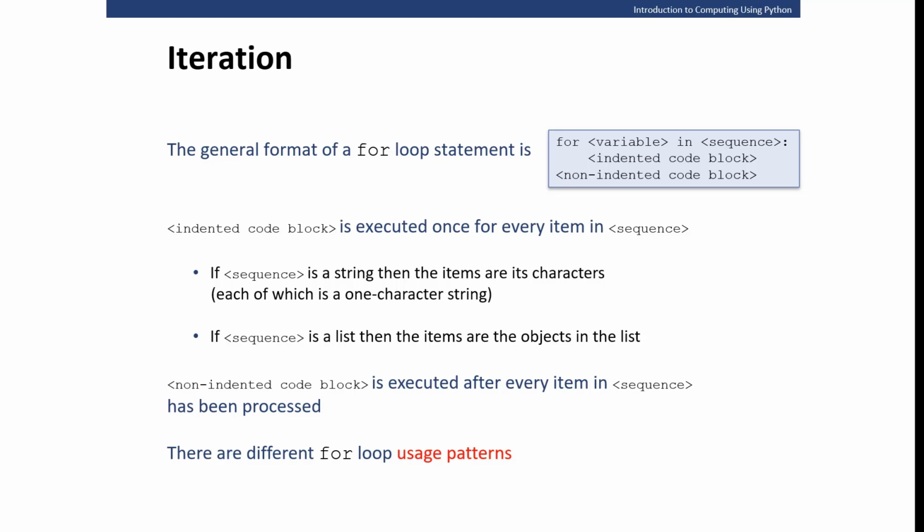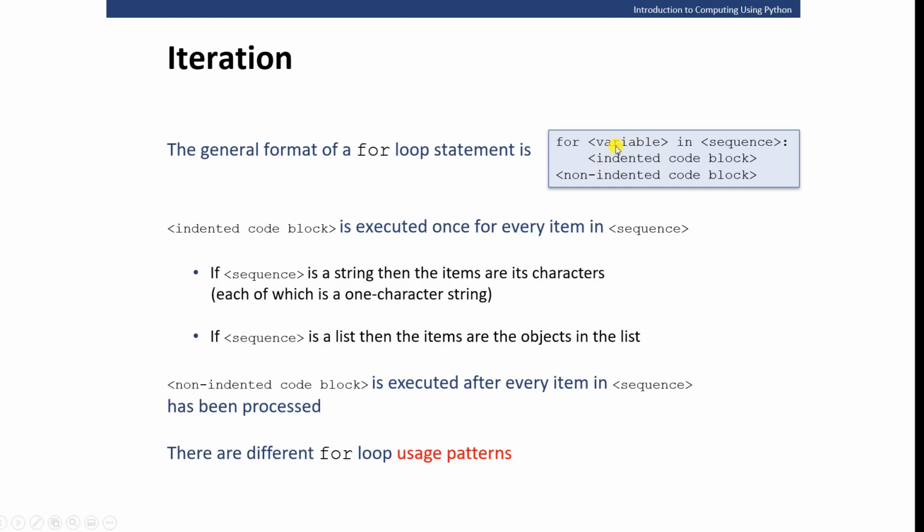Python runs the for loop and assigns successive values in the sequence to the variable, and then executes the indented code block for every value.